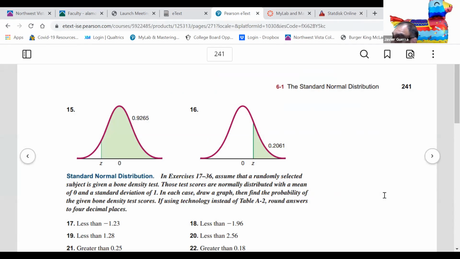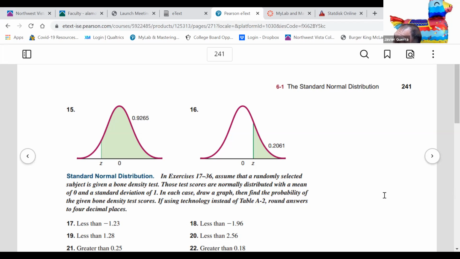All right, so here's the graph. Man, I'm running out of blue pen. Okay, so here's my graph. And notice that the shading is taking place on the other side, on the right side of it.